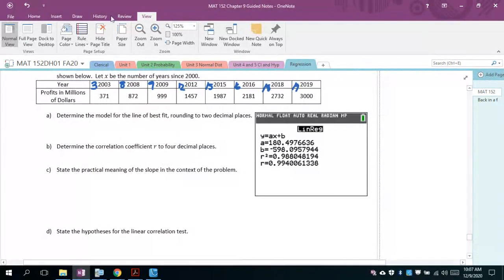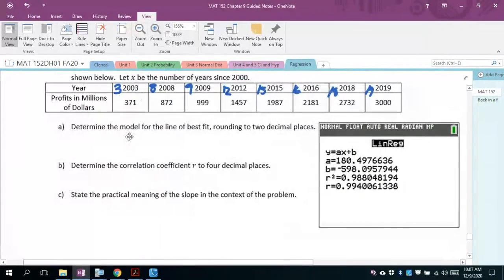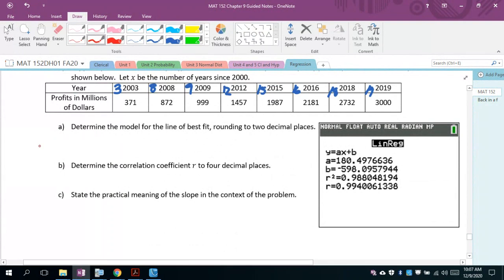So to determine the model for the line of best fit, it's going to be y hat. If you don't put the hat, that's okay. ax plus b, so it would be 180.